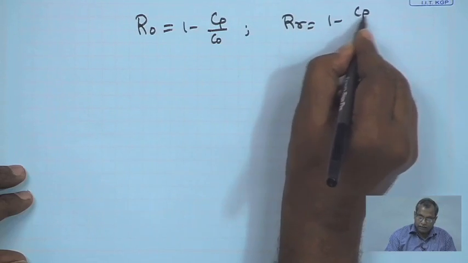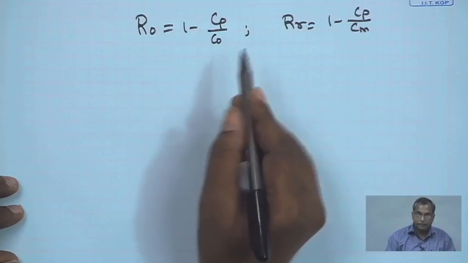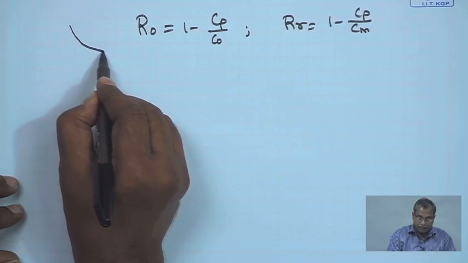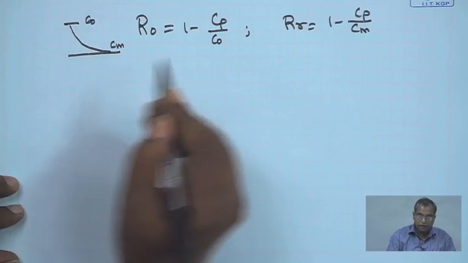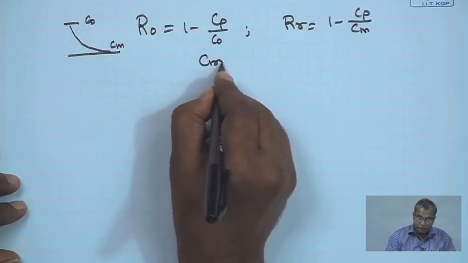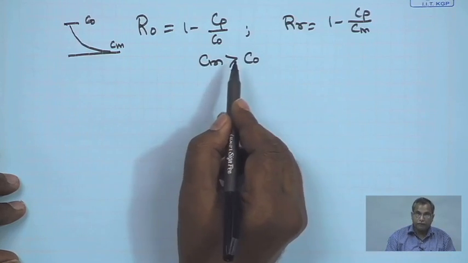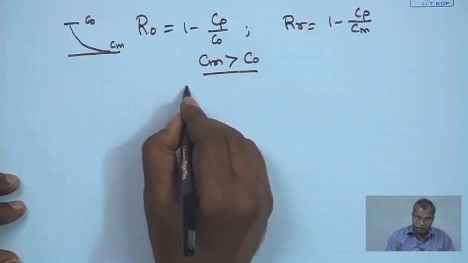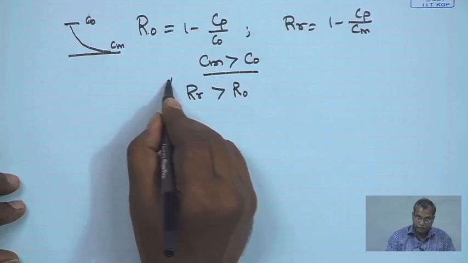That is how the real retention is measured. If you look at the values of observed retention and real retention, as we have described earlier, the concentration on the membrane surface will be more compared to the concentration in the bulk. So, Cm is greater than C naught, and if you do a mathematical manipulation of the relationship between R naught and RR, you can find that real retention will always be greater than observed retention.